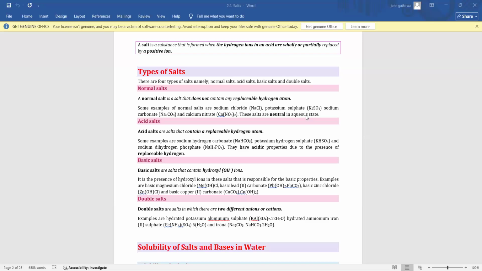Someone tell us about the sulfates. What about the sulfates?